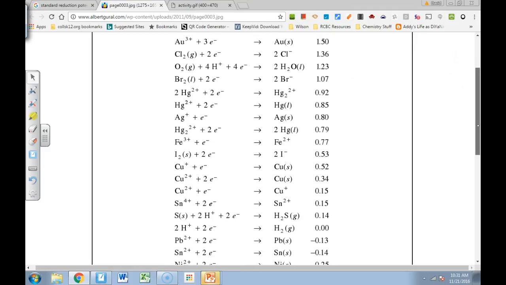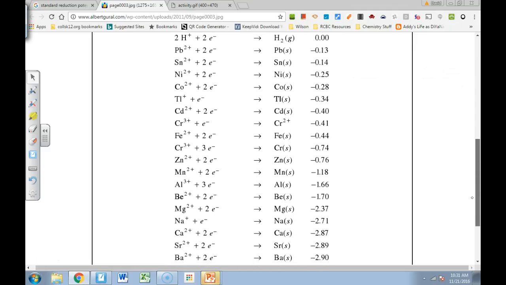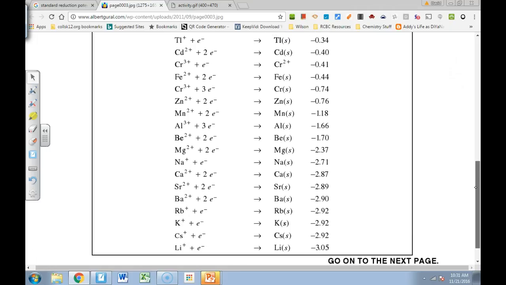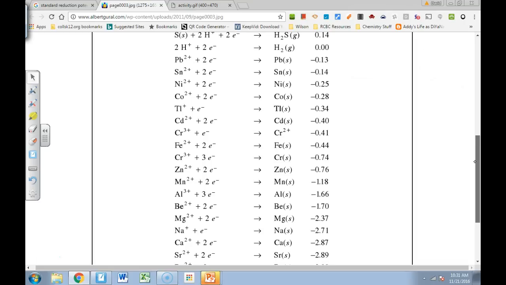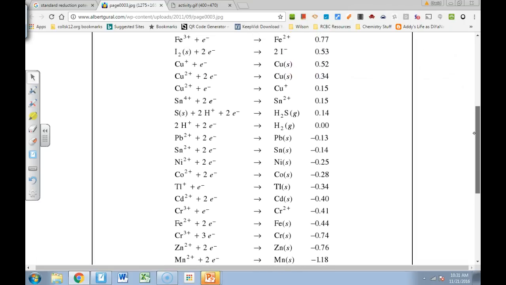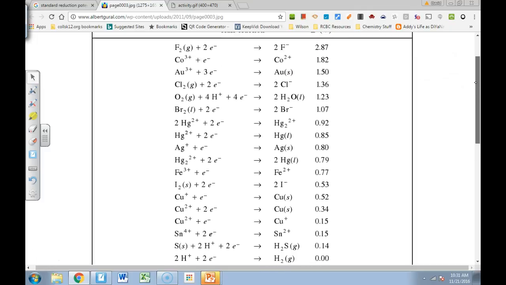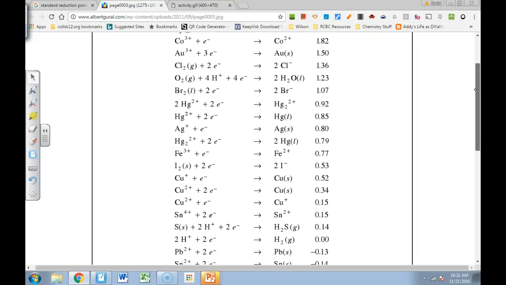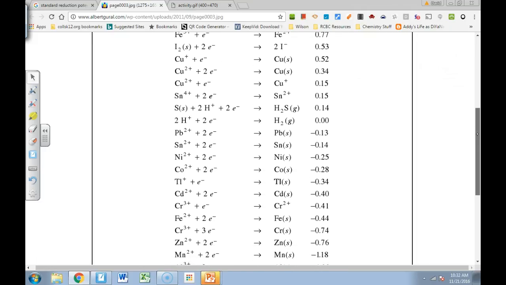This was Fe2+ going with 2 electrons, that doesn't help us. Somewhere on here I have to find Fe3+. So why isn't Fe3+ on here?